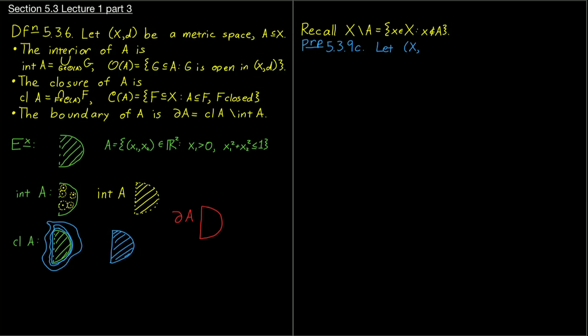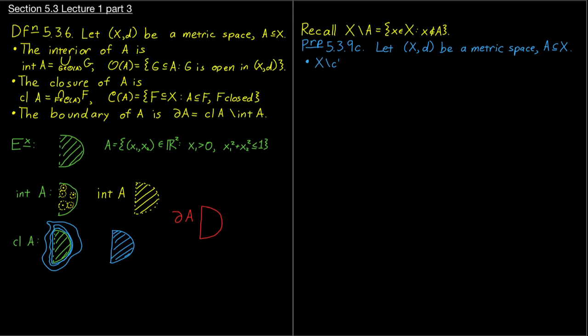So we start with a metric space and a subset. And then we can write this in about 3 different ways. So the proof is pretty similar.